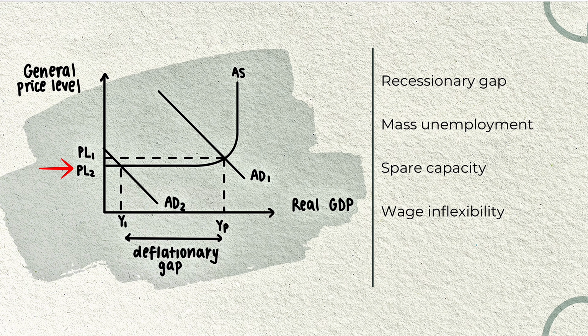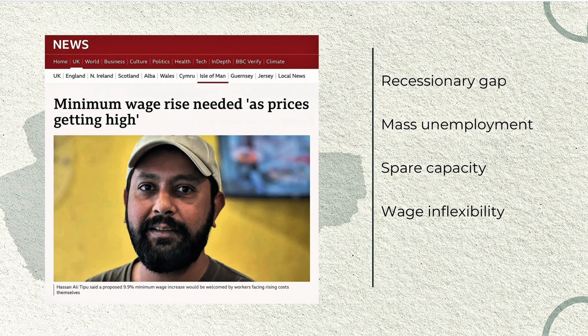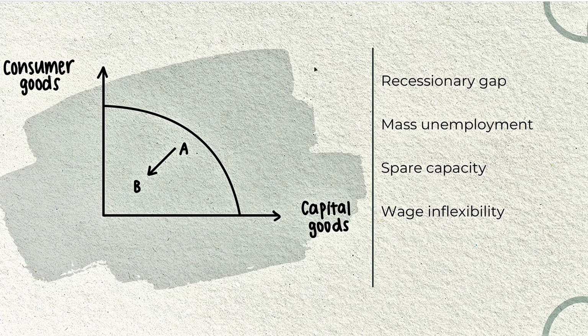And only a fall in real GDP is experienced, resulting in a larger deflationary gap. And this is due to the wage inflexibility of resources in the economy. The same recessionary or deflationary gap can be illustrated using a PPC diagram, as resources are underutilized, shifting from A to B.